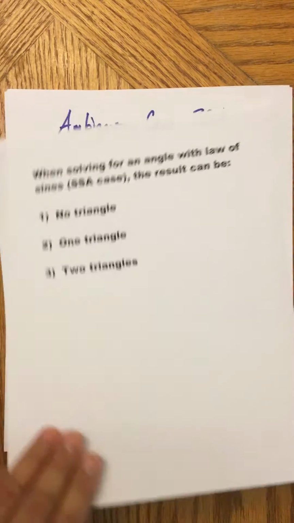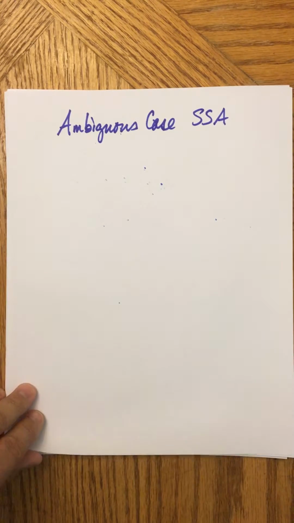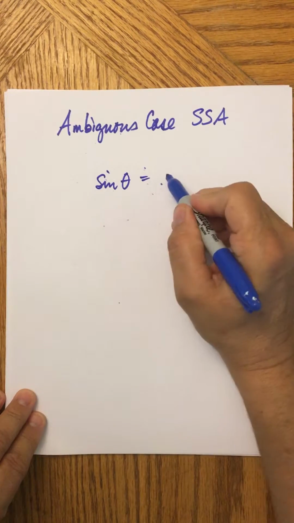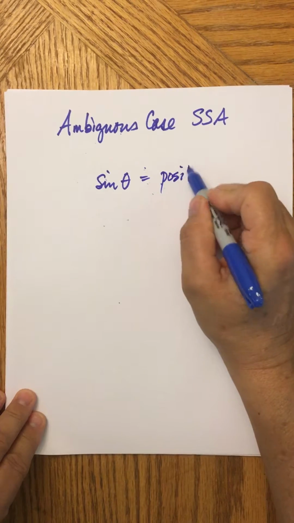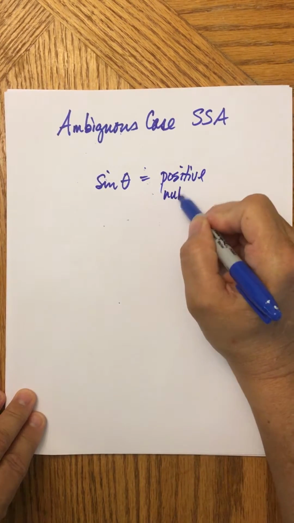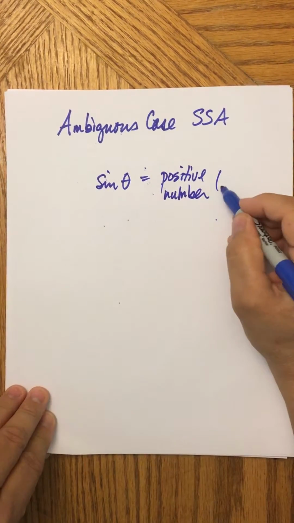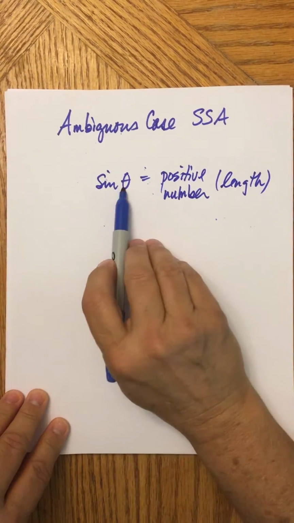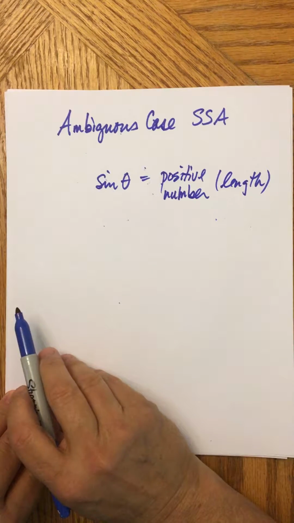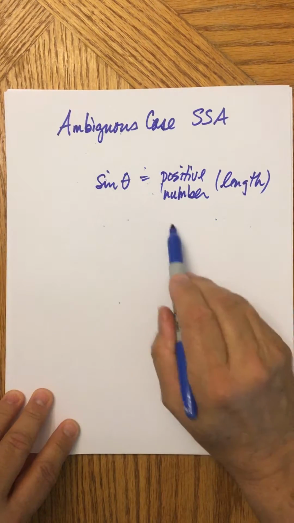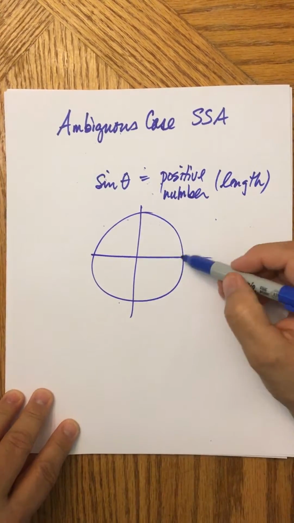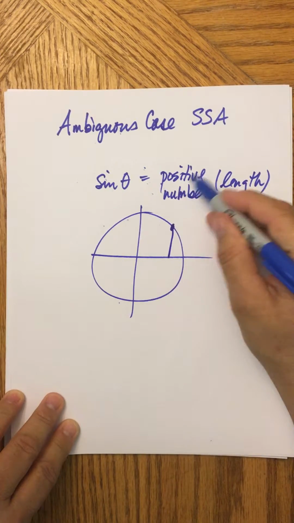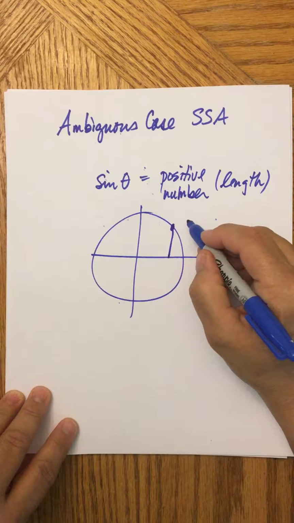Now, why is that? Well, essentially what happens is when you get to the point that you're solving for sine of an angle equal to a positive number, right, which corresponds to the length of the side of a triangle, which is opposite to theta. Essentially, what happens is the calculator will give you something in here because it's a positive number, so you're looking for a y-coordinate of this length, and it'll give you some angle, right?